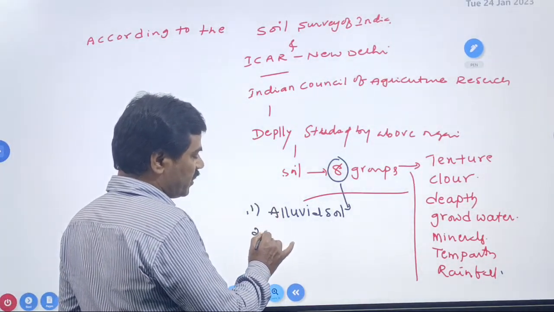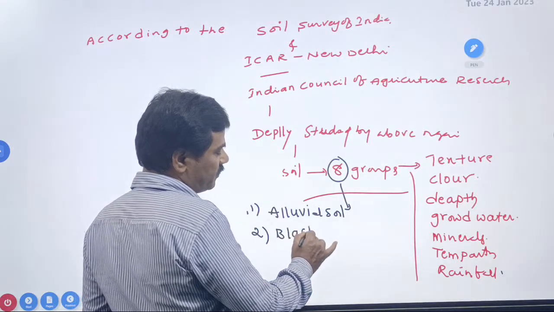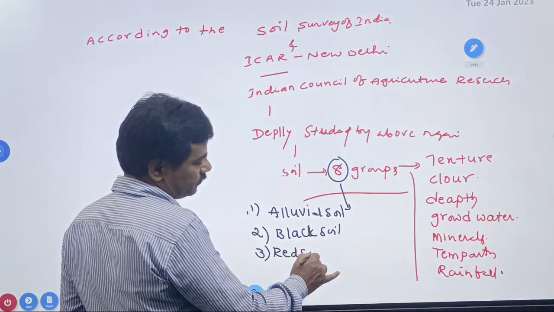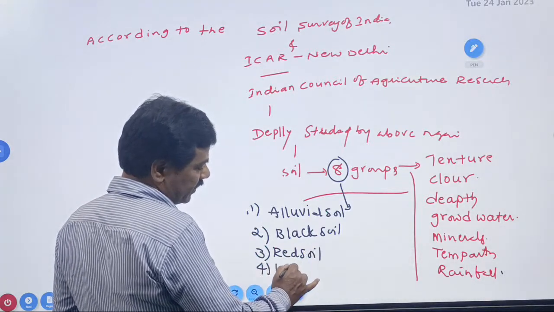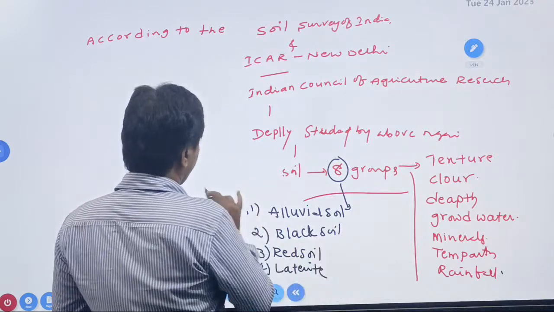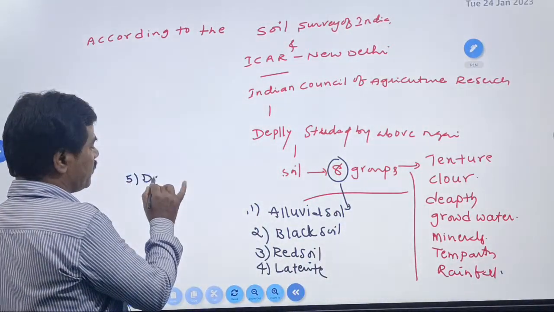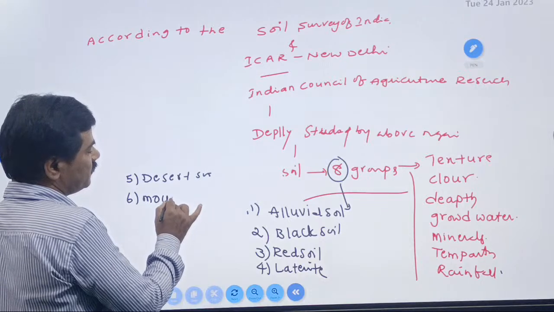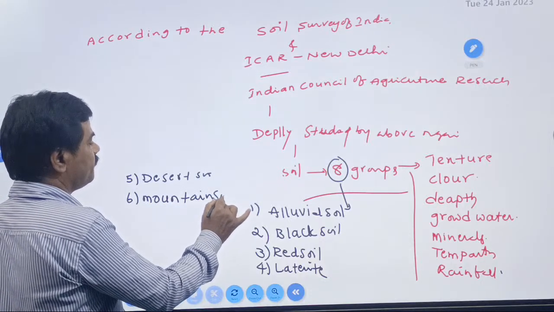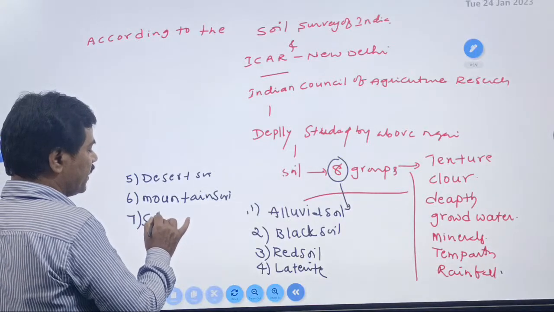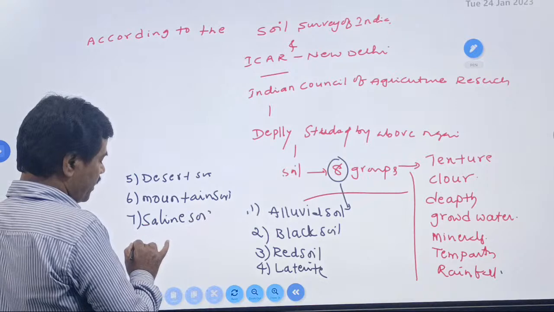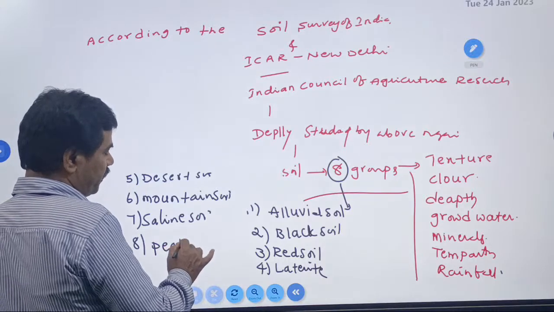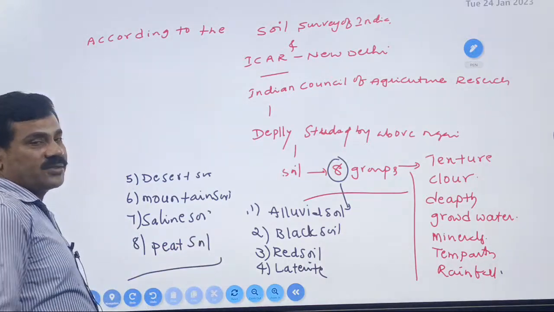One is the alluvial soil, second is the black soil, third is the red soil, fourth is the laterite soil, fifth is the desert soil, sixth is the mountain soil, seventh is the saline soil, and eighth is the peat soil, or humus soil.